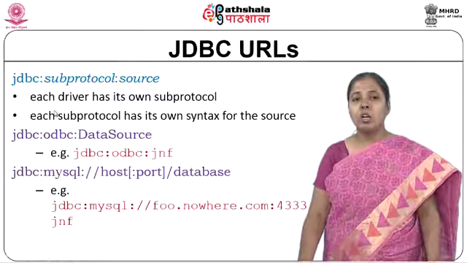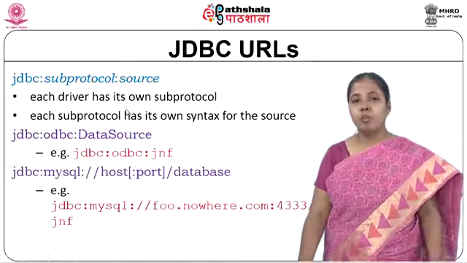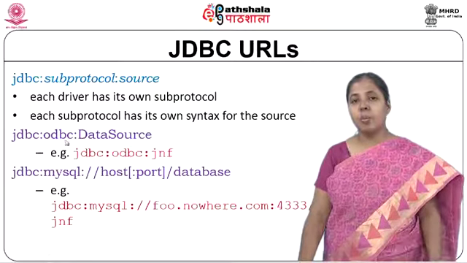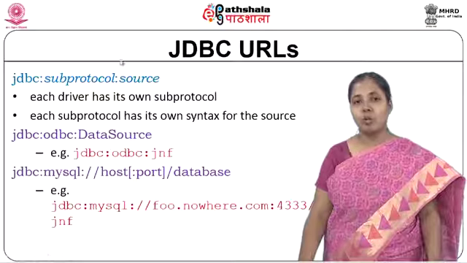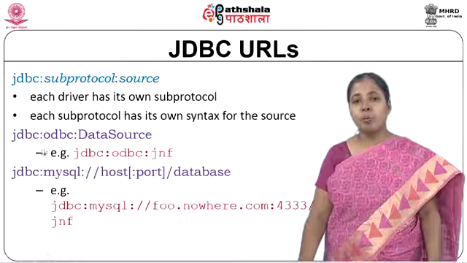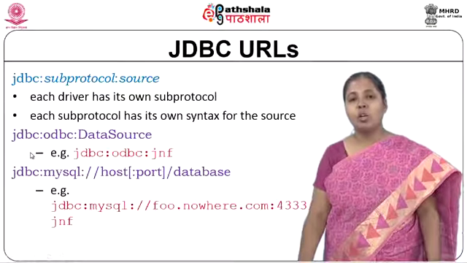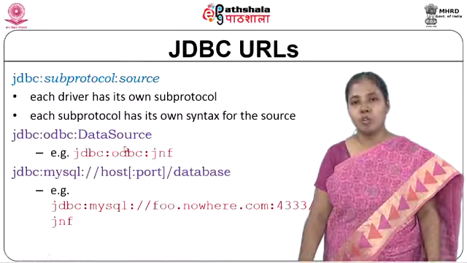Here, each driver has its own sub protocol. It differs for each of the drivers, and each sub protocol will also have its own syntax for the source. The source is the data source name. Supposing you want to connect to MS Access, you will use jdbc:odbc, and then you can give the data source.